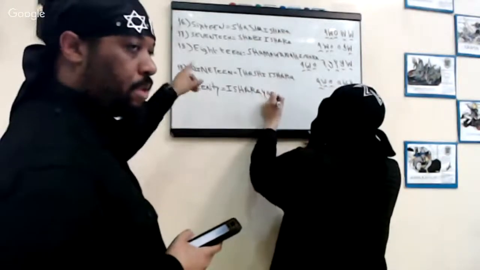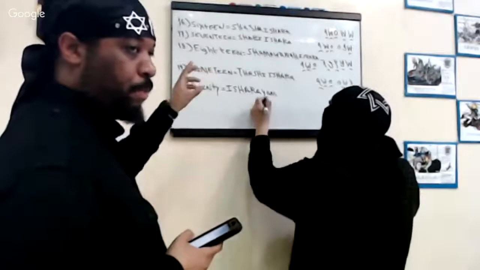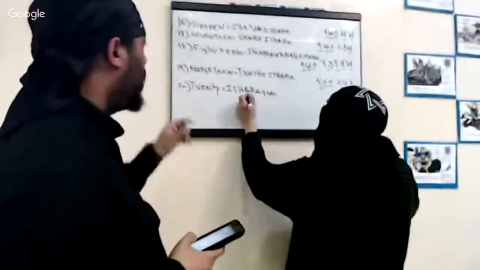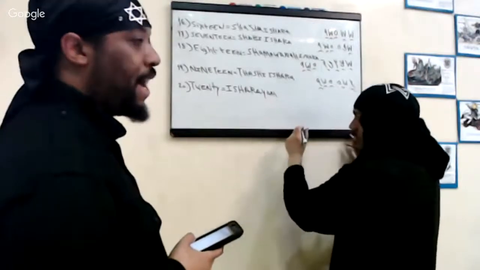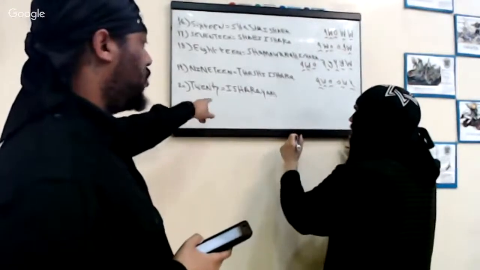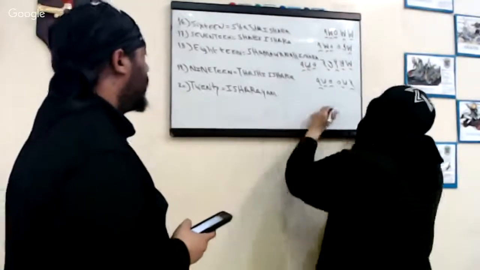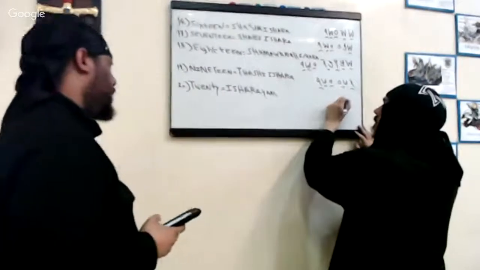There's two 10s. There you go. So it's a yum because it's two 10s, plural, yum. It's not one. 10 plus 10, 20.